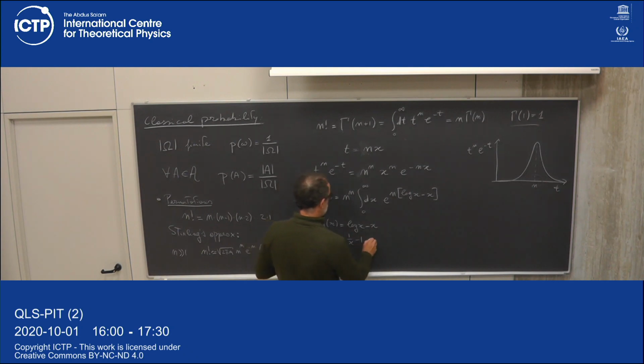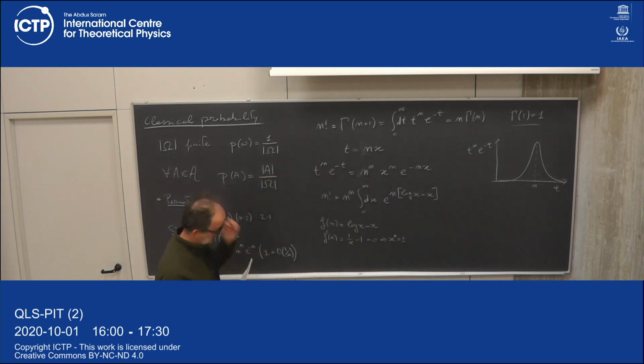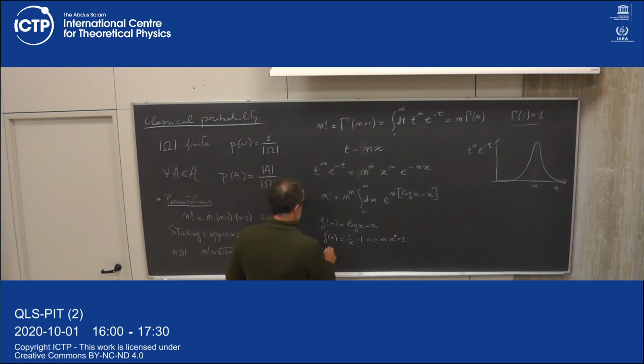And so you see that the maximum is at x equal to 1, as stated before. And the second derivative is equal to minus 1 over x squared.